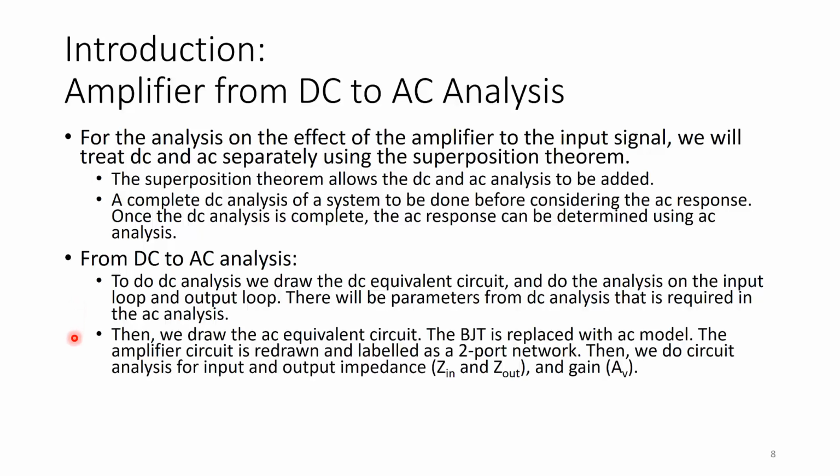Then once we're done with the DC analysis, we go on to the AC analysis, where we draw the AC equivalent circuit, the BJT is replaced with an AC model, and the amplifier circuit is redrawn and labeled as a two-port network. Then we do circuit analysis for input and output impedance, Zin, Zout, and gain, for example AV. The complete response is the addition of the DC and AC analysis, which you add together.